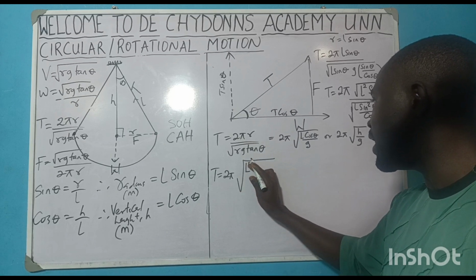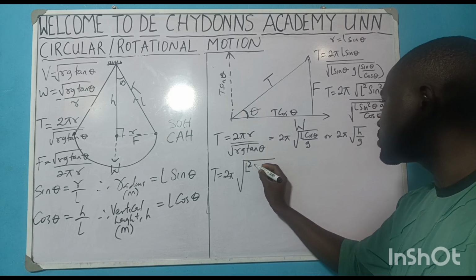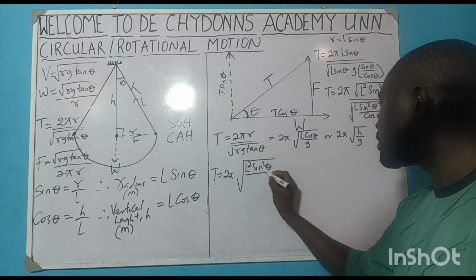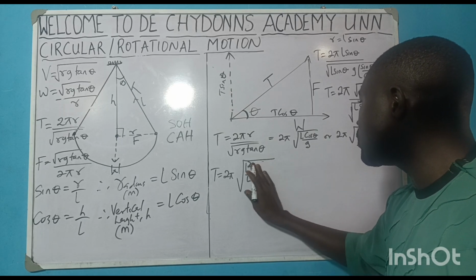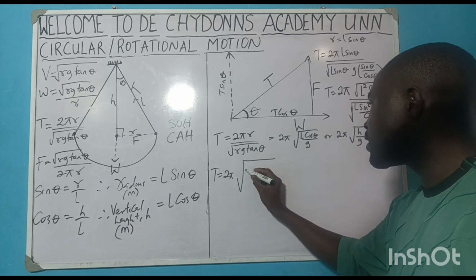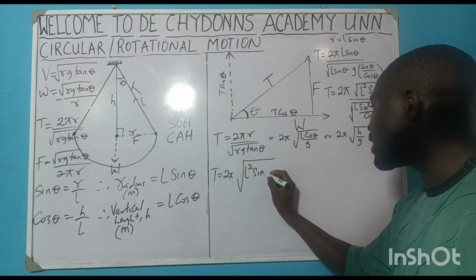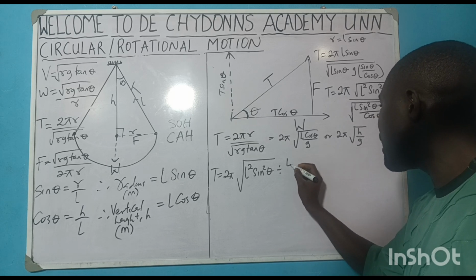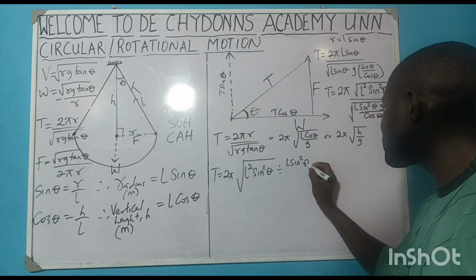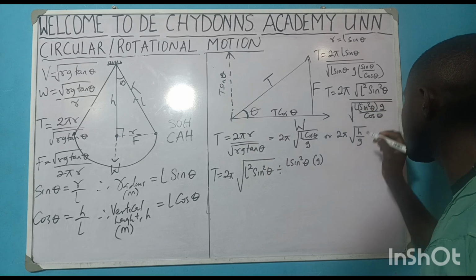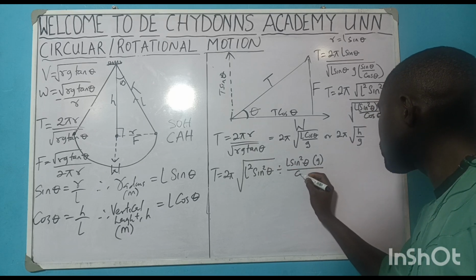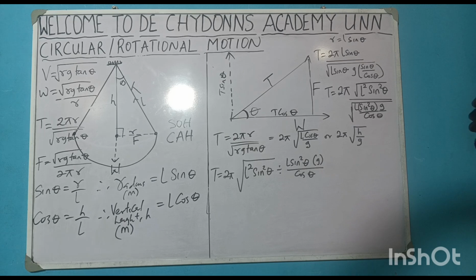L squared sin square theta divided by L sin square theta g, let's write it well, all over cos theta. So they are inside square root, all of them.